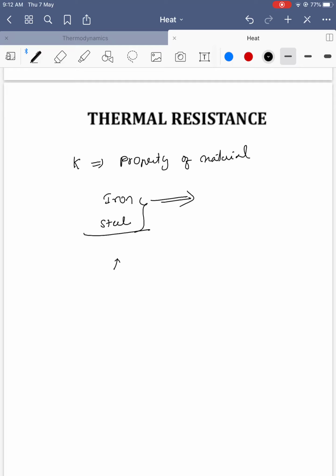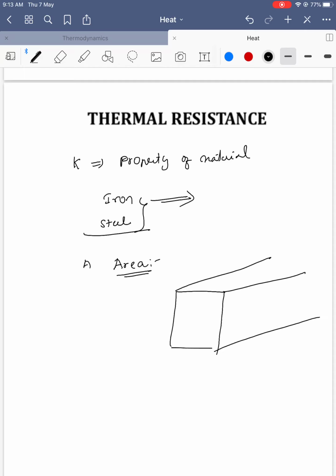One more thing about area. Area A is the area which is exposed to heat. In the previous video I explained the area with a square section.